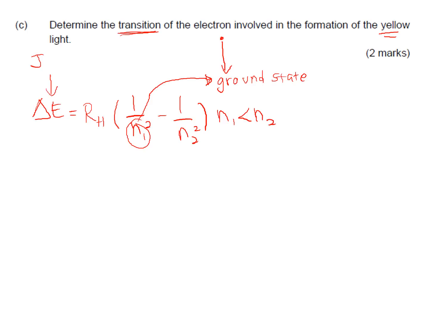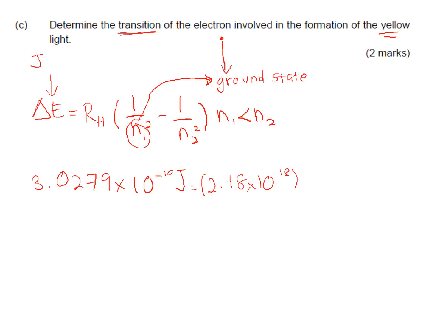So we substitute 3.0279 exponent negative 19 joule is equal to the Rydberg constant 2.18 exponent negative 18.